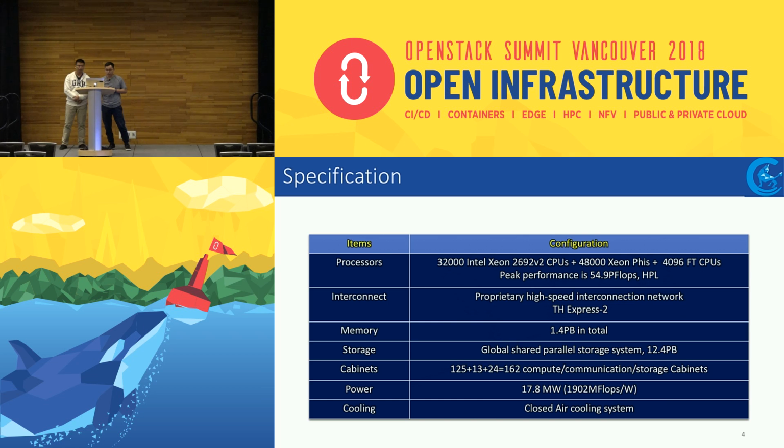The interconnection is 48 gigabits per second, called TH-2 Express 2, which is designed by NUDT. Each node has 88 gigabytes of memory total, 64 for Ivy Bridge and 8 gigabytes for Xeon Phi. And there are nearly 1,000 nodes running on the cloud in production now, based on OpenStack.